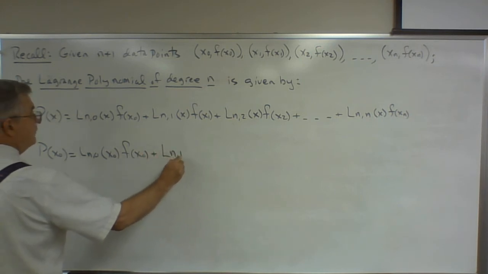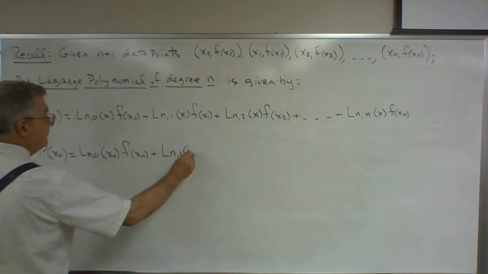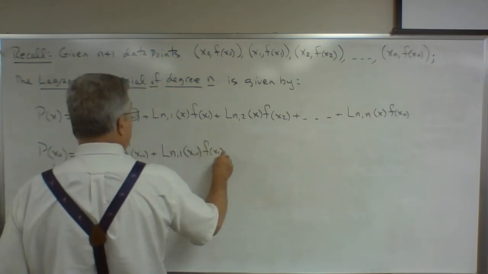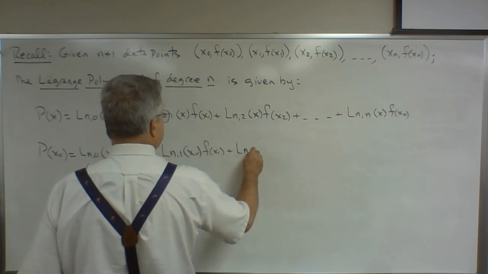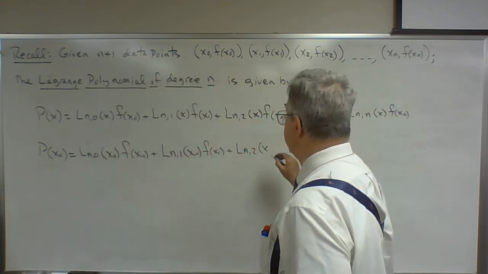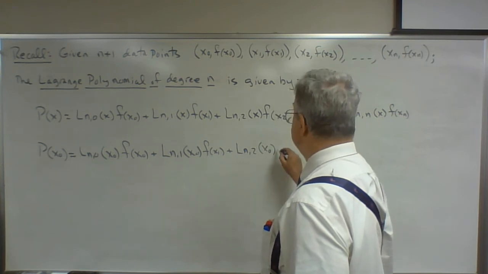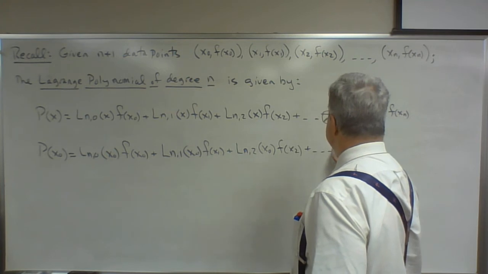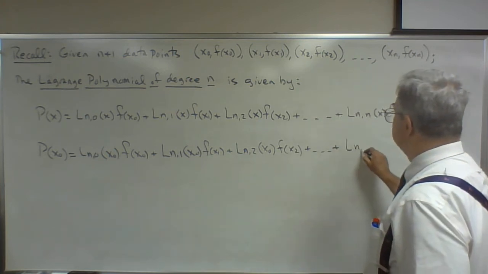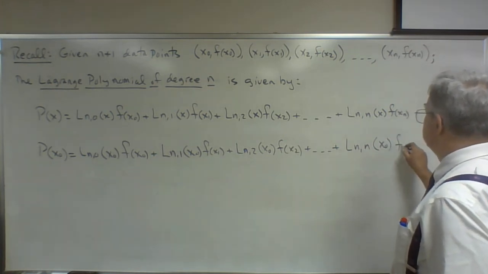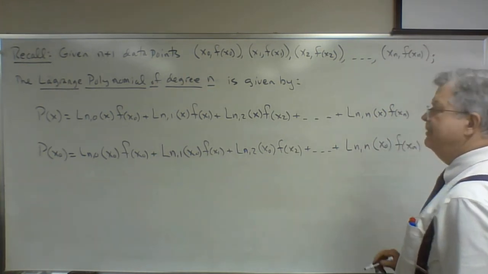Then we're going to have the first Lagrange polynomial evaluated at x0 times f of x1, plus the second Lagrange polynomial evaluated at x0 times f of x2, plus the nth Lagrange polynomial evaluated at x0 times f of xn.